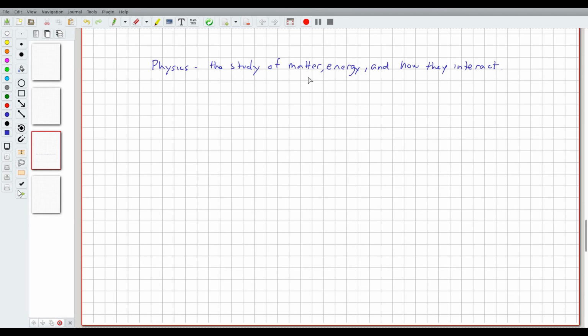Now, what do we mean by the study of matter, energy, and how they interact? Well, thanks to the work of Albert Einstein, we know that matter and energy are equivalent but not the same. And it turns out that the way the universe works requires that we look at how matter interacts with matter, how energy can interact with energy, and how matter and energy can interact with each other.